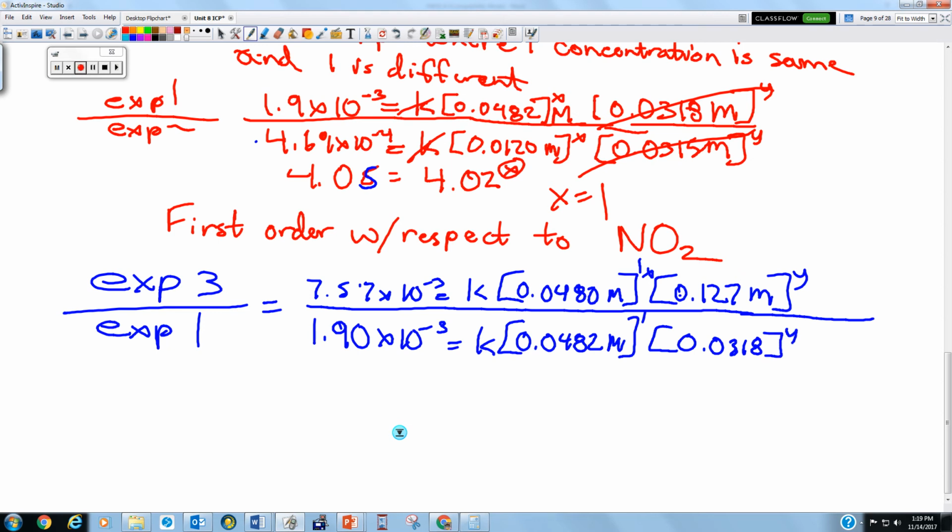All right. So again, on this one, we're going to cancel out what remains the same, and then we need to do our solving. So 7.57 divided by 1.9, because they're both 10 to the third, so that goes away. So we get 3.98.